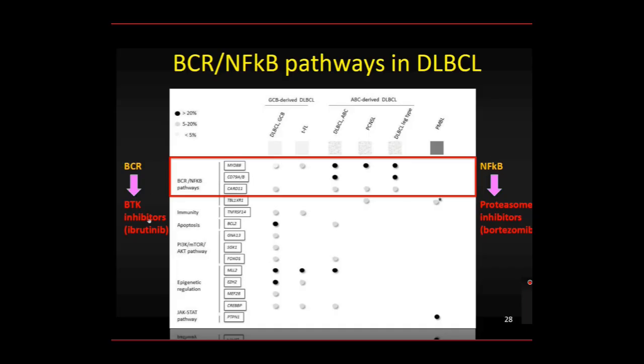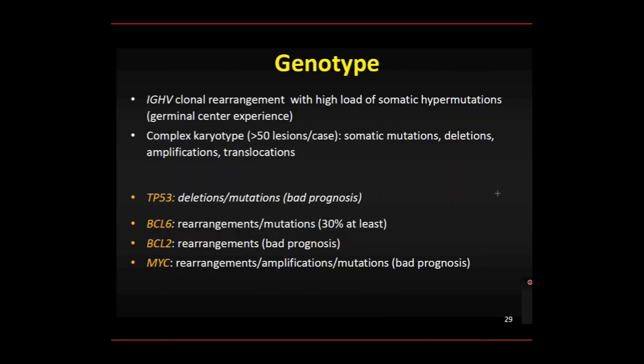Well, because we have drugs that can inhibit the Bruton tyrosine kinase, and generally speaking, the downstream of BCR, or can inhibit NFKB. Actually, bortezomib is an NFKB inhibitor through inhibition of the proteasome, was the first drug approved for ABC diffuse large B-cell lymphoma, specifically after a clinical trial using NanoString technology.